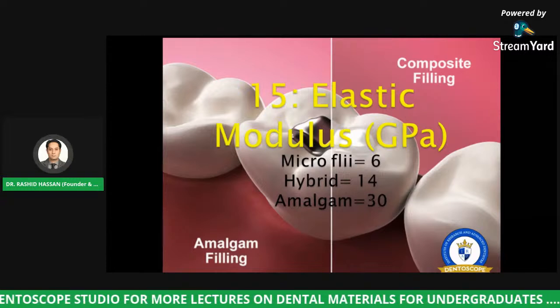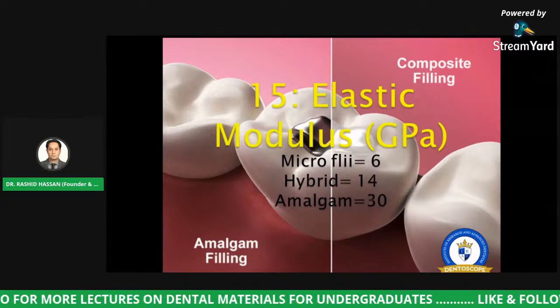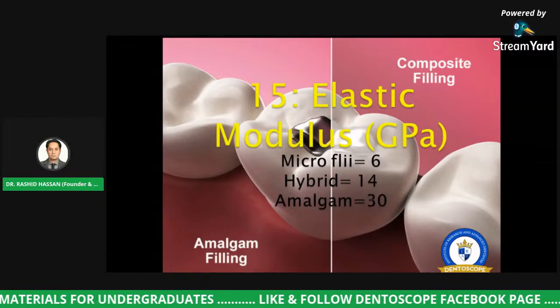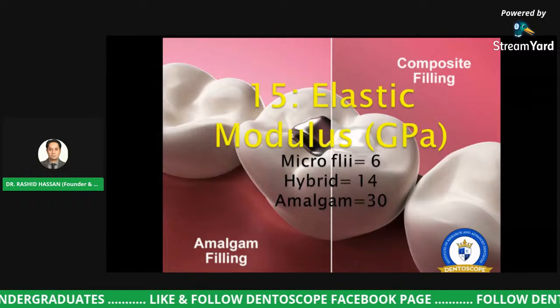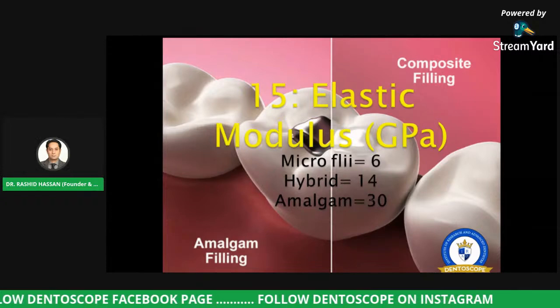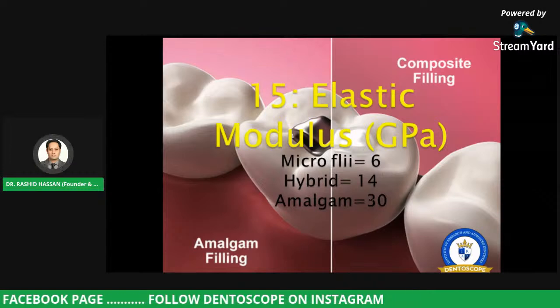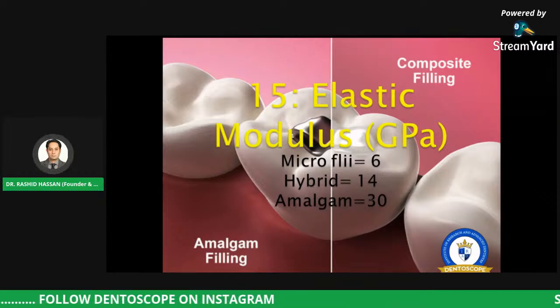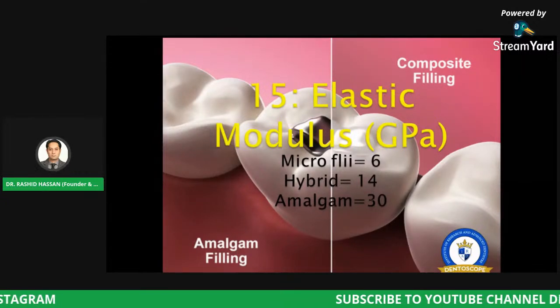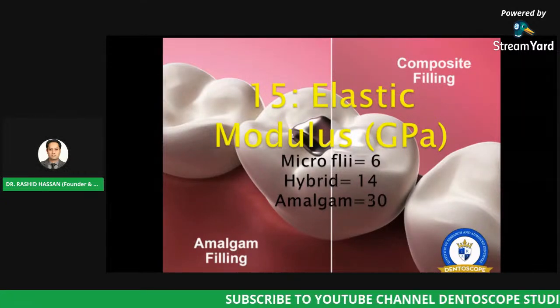Now, let's talk about the elastic modulus, the modulus of elasticity, which basically tells us about the stiffness of any material. If we compare the moduli of elasticity of dental amalgam with dental composite, the amalgam has a value of 30 gigapascals.